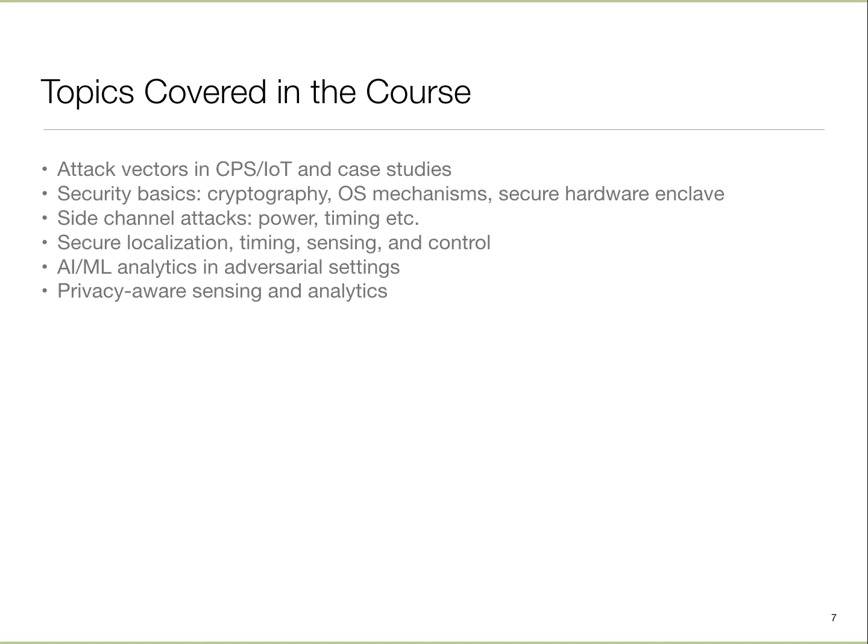So AI and ML systems, particularly things like neural nets operating in an adversarial setting, as well as the privacy implications. So just to give you an example, oftentimes one of the ways that these systems operate is we train a model on training data, then we deploy the model, and the model then works on some test data to make some inferences.